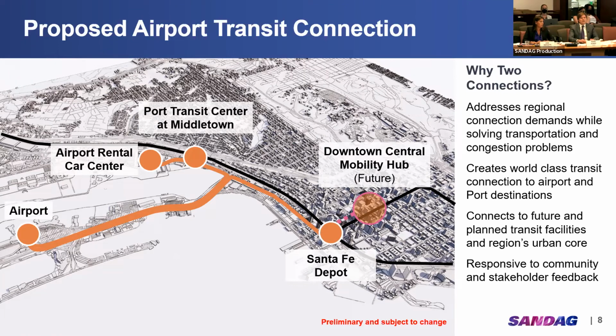I think the virtue of that Port's transit center at Middletown is it's really set up well to capture traffic coming off of I-5, and it's still right adjacent to those existing transit facilities. And one of the goals that was established even out of the airport subcommittee was to find a way to reduce the traffic congestion in and around the airport and harbor front, and really find a way to capture some of that traffic and get it into transit and depressurize Laurel Street, Harbor Drive, and provide a way to pull some of the traffic out of the surrounding neighborhoods.